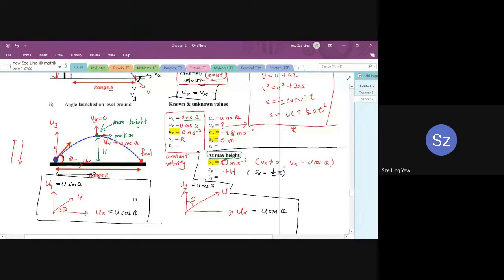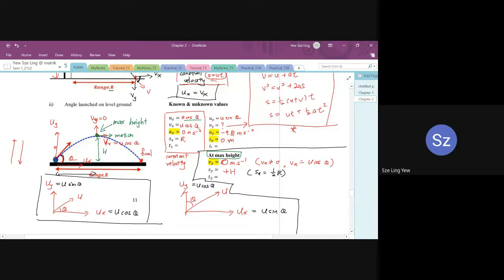If you start from the ground and go back to the ground, then the time taken from initial to maximum height and from maximum height to final are the same. And the horizontal distance traveled from initial to maximum height and from maximum height to the ground are also the same. So at maximum height, your sx is half of the range, half R.